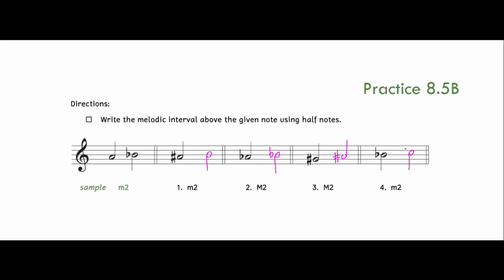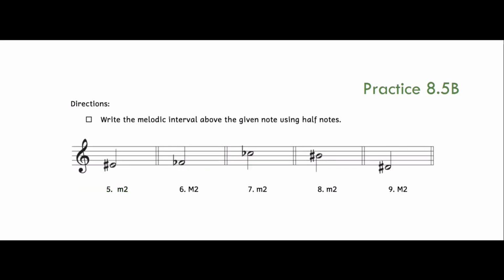That would be C flat. So no matter how much you think this is wrong and you want to put a B natural, you have to put a C flat because C flat is a second above B flat. Go ahead and do the second row on your own, pause the video, and press play when you're ready.